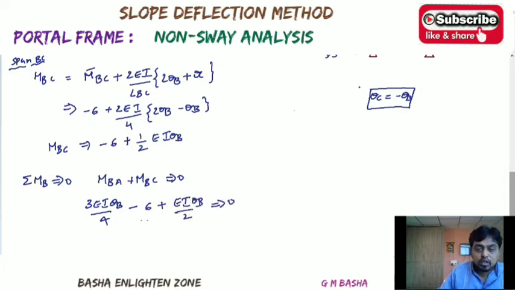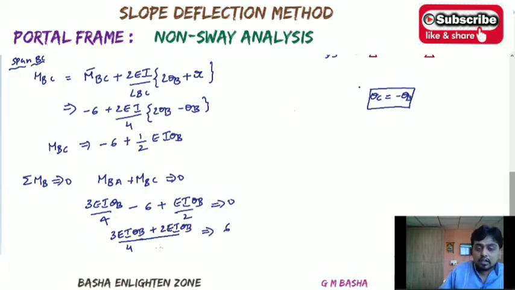If you simplify this one, take down the LCM here, 4, 2 common as 2. Which is 3 times EI theta B, and again 2 times 2 EI theta B equal to 6.